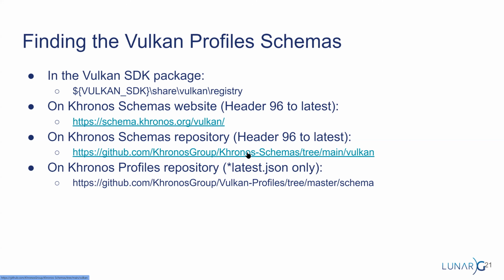This repository is very new, and it's basically the backend for the Khronos schema website. It could be convenient to use the repository if you are interested in fetching all the schema versions automatically in a project, but there will be only the latest JSON version. You can have a look at the Khronos profile repository, where all the Vulkan profile components are present. All the work is done in this Vulkan profile repository.